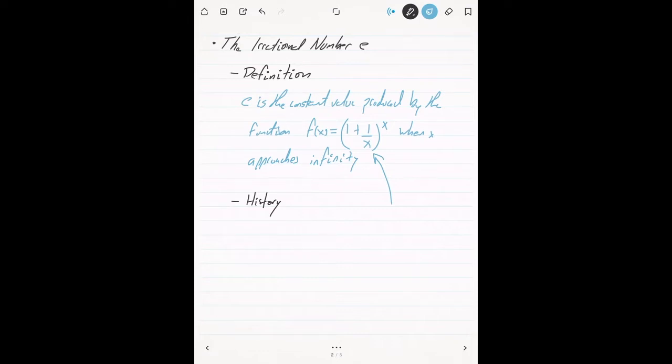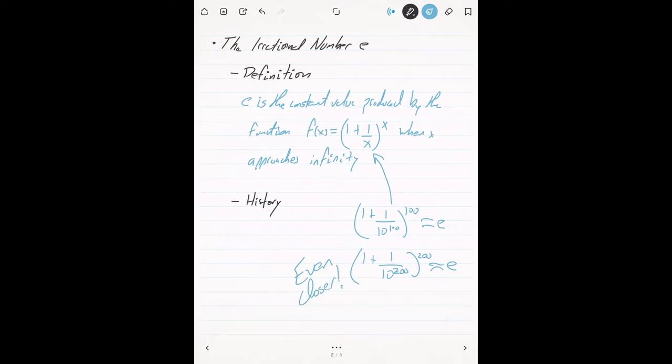So if I were to plug in, for example, 1 plus 1 over, let's pick a really big number, 10 to the 100th power, and that whole quantity to the 10 to the 100th power, that's going to be close to the number e. If I plugged in 1 plus 1 over 10 to the 200th power, and that whole quantity to the 10 to the 200th power, that's going to be even closer to e, right? Even closer.